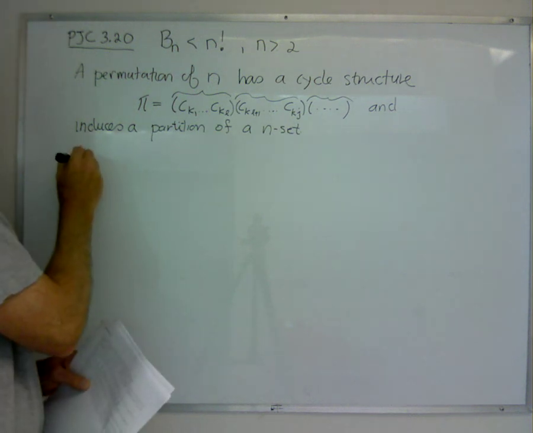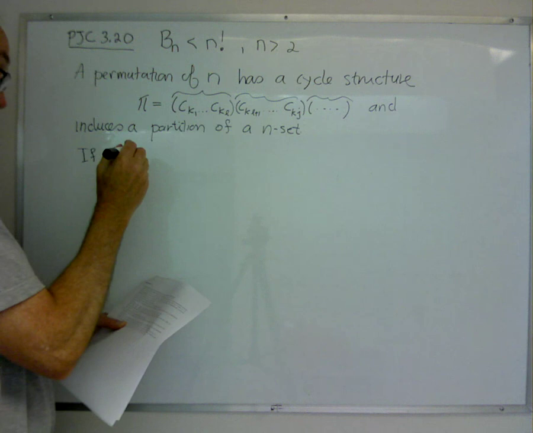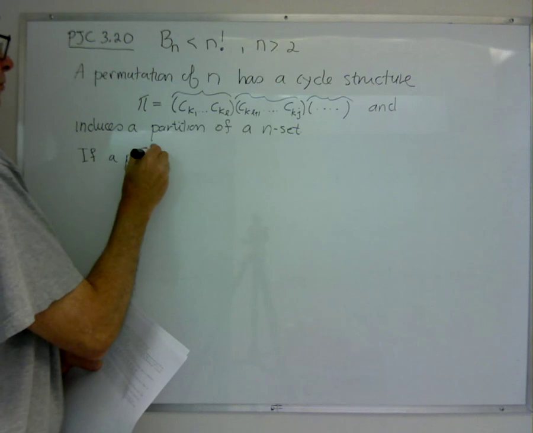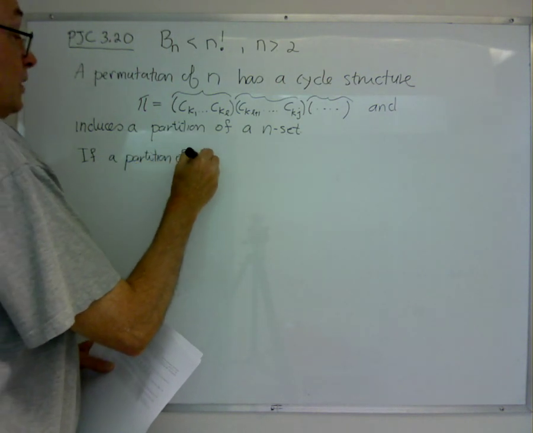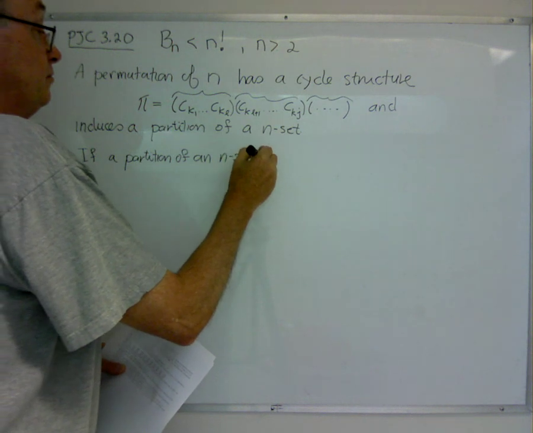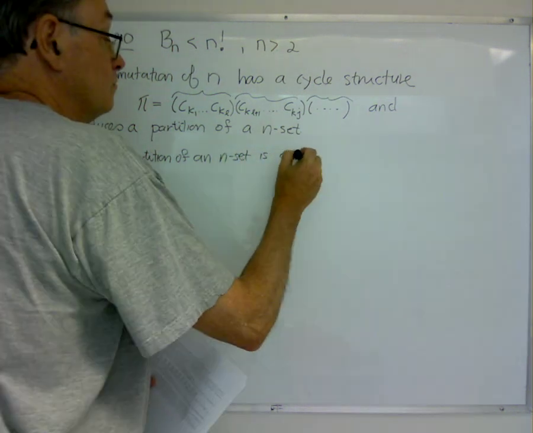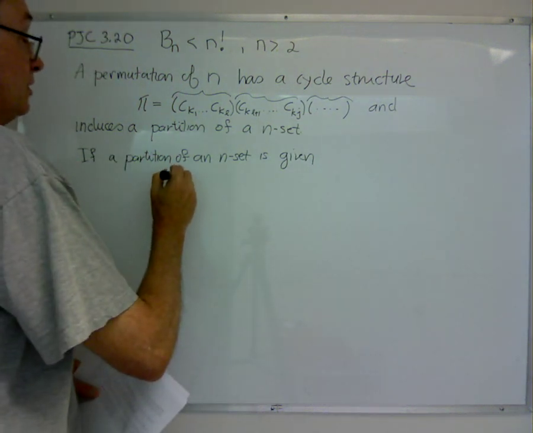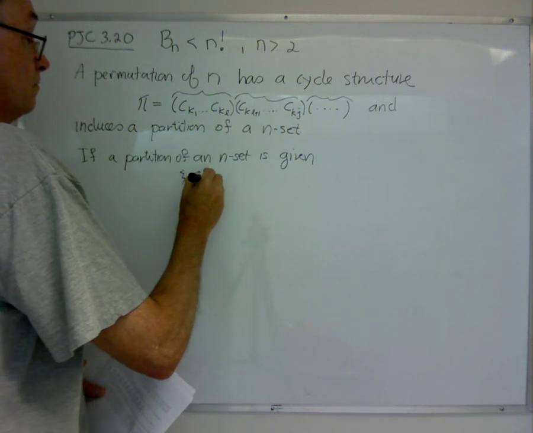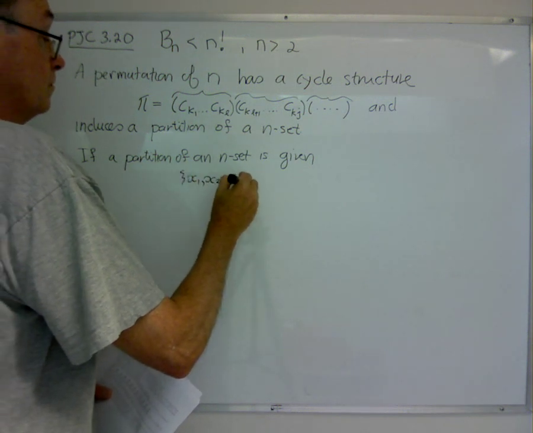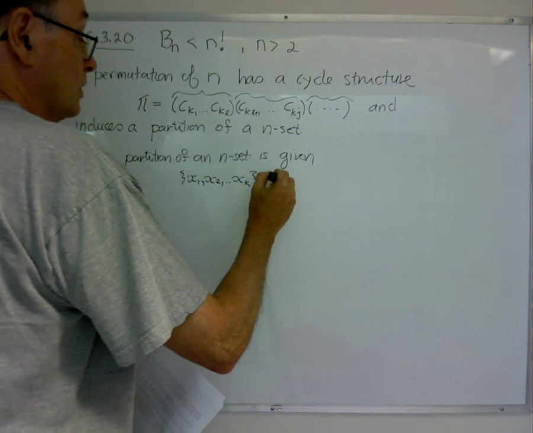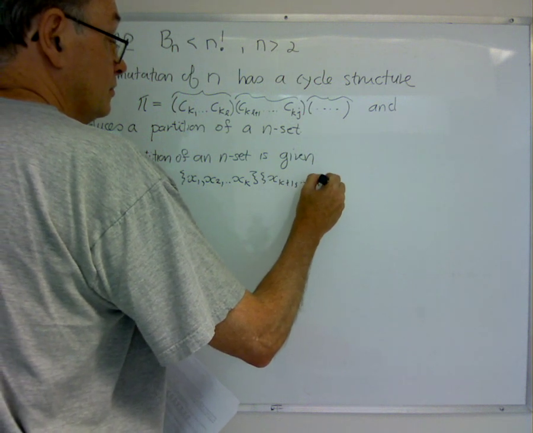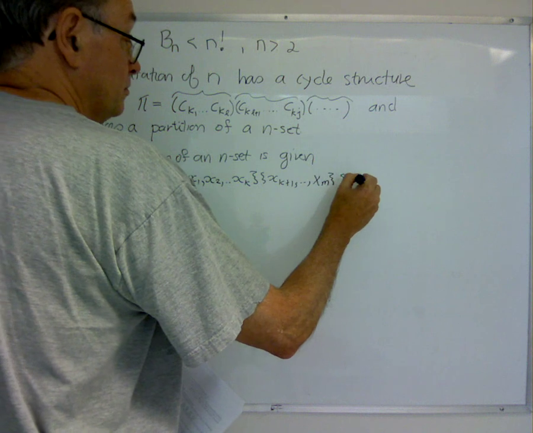So now you notice if a partition of an n set is given, so if I give you a partition of an n set, for example, and so on.